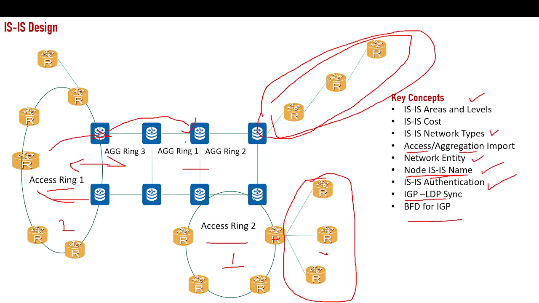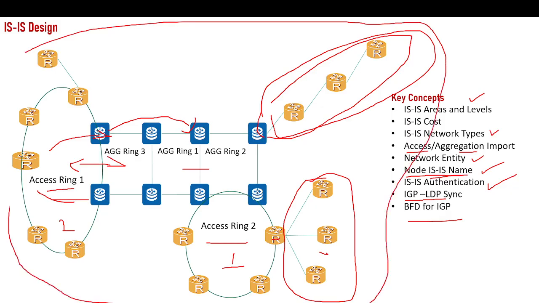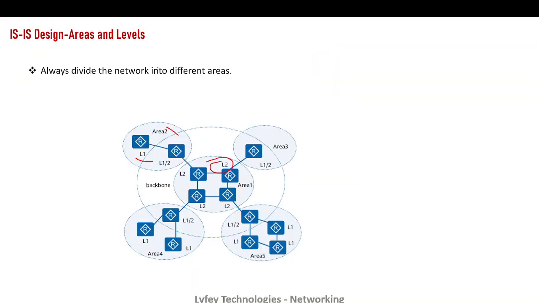So you are reducing the flooding. When there is flooding of these protocol messages, you are reducing the flooding that will be happening. If you were to put all these nodes into one ISIS process, it's like you have created one broadcast domain, and you know the issues caused by broadcast in the network. So that's why it's always recommended that you segment your network into different areas.